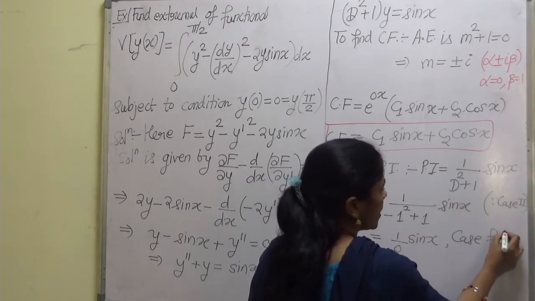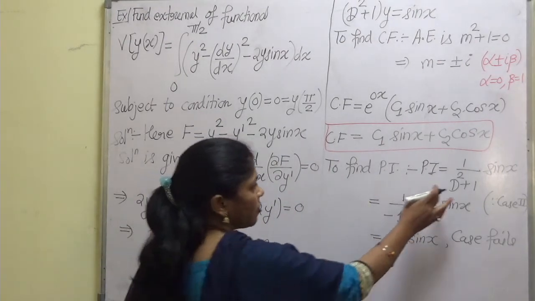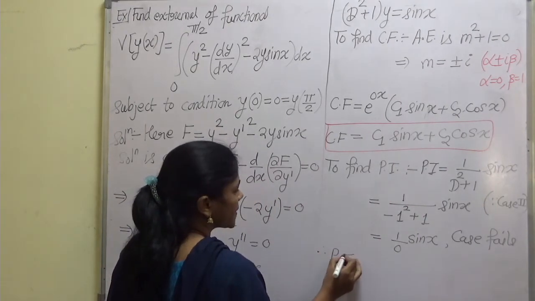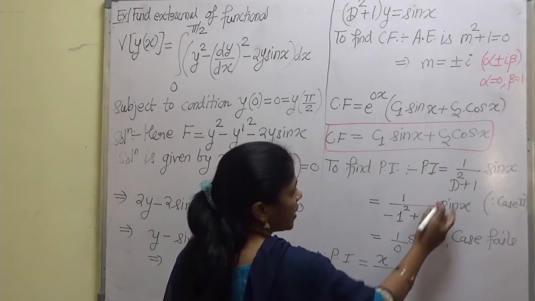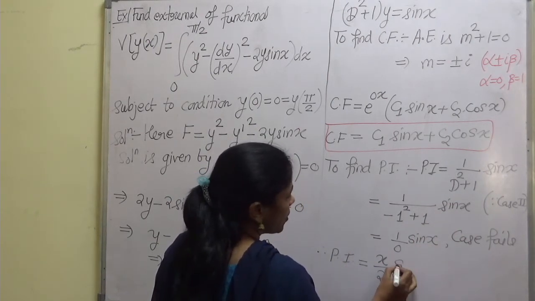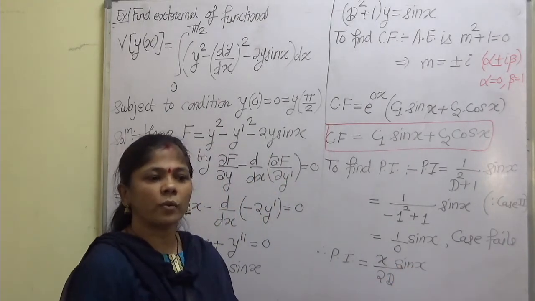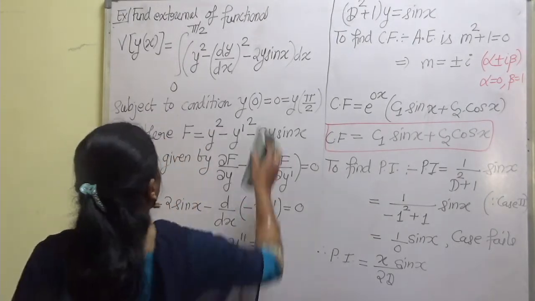So when the case fails, what do we do? We go back to the step, multiply the numerator by x, that is, the independent variable, and differentiate the denominator with respect to D. So x upon 2D operating on sin x, right? Now 1 by D, what does 1 by D mean? 1 by D is integration, right?